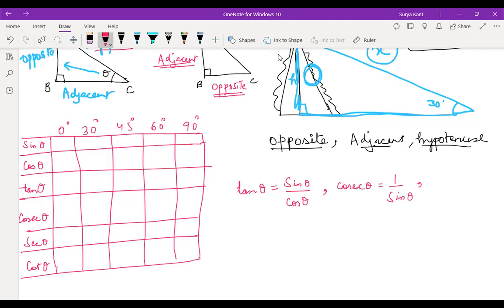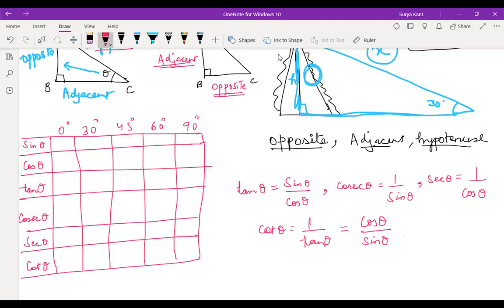Sec theta is the reciprocal of cos theta. For cot theta, what can you write? Cot theta you can write 1 by tan theta, or you can write cos theta by sin theta.